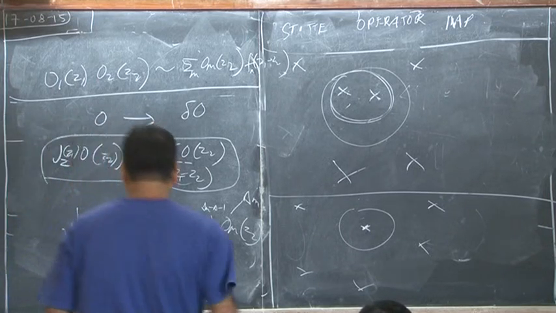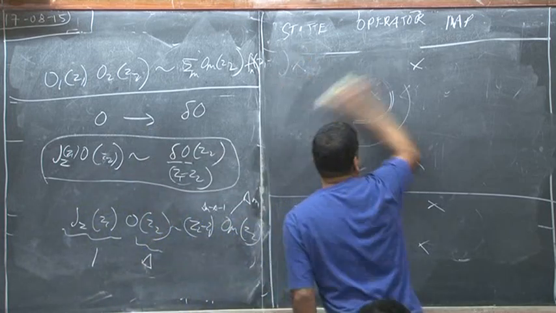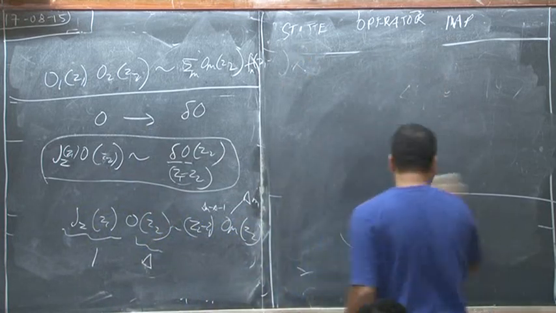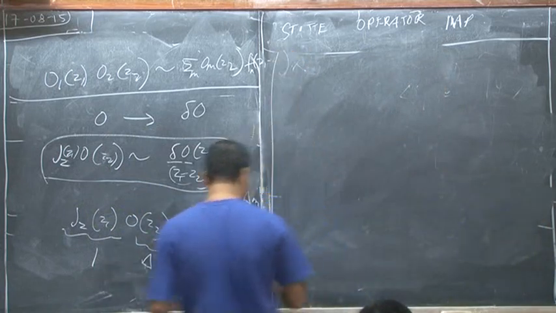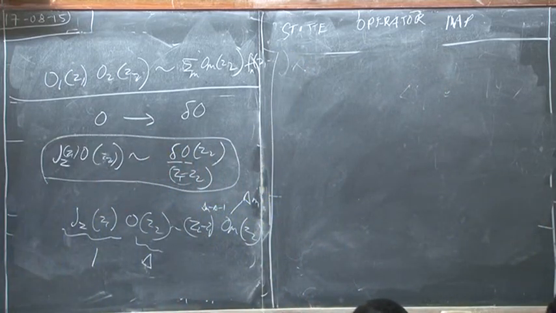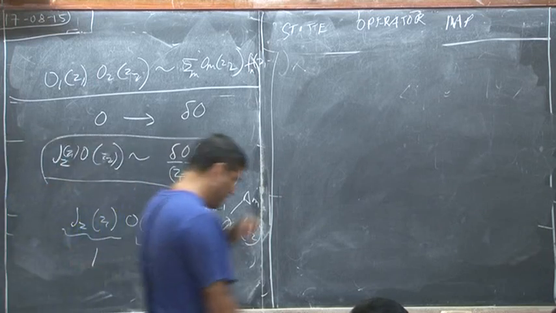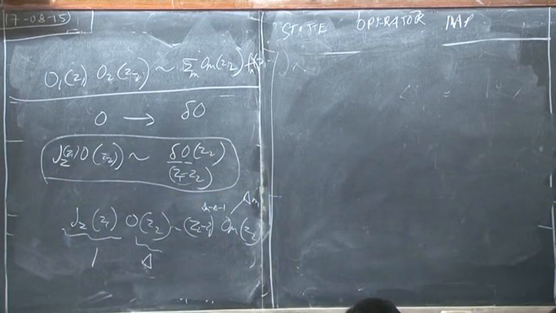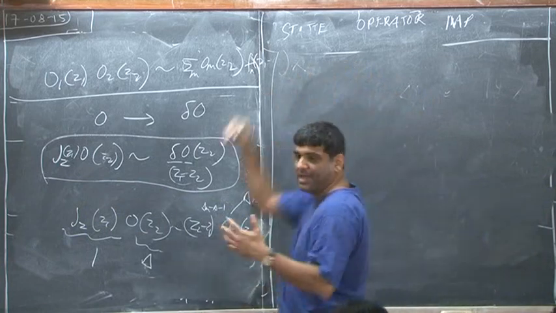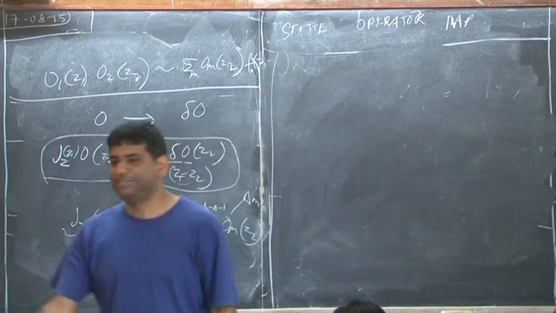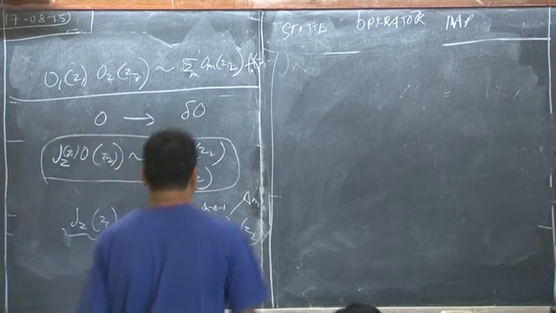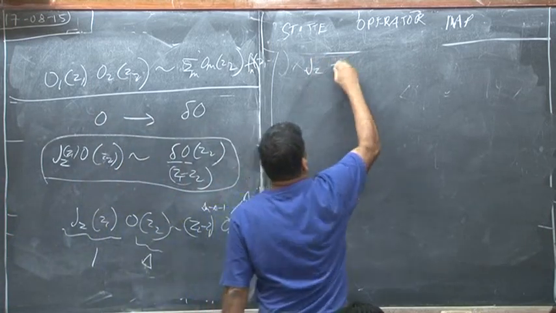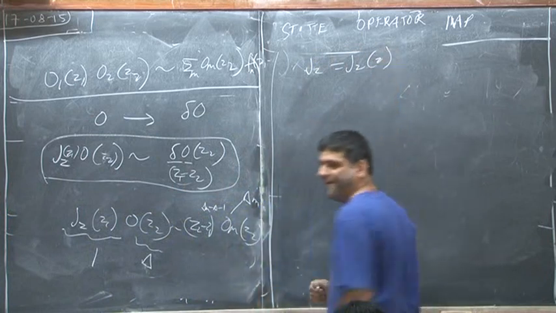Okay. Now that we've understood radial quantization, I'm going to tell you about another thing that is also interesting. Suppose we had a symmetry generated by an entirely holomorphic current. So my current is J(z).